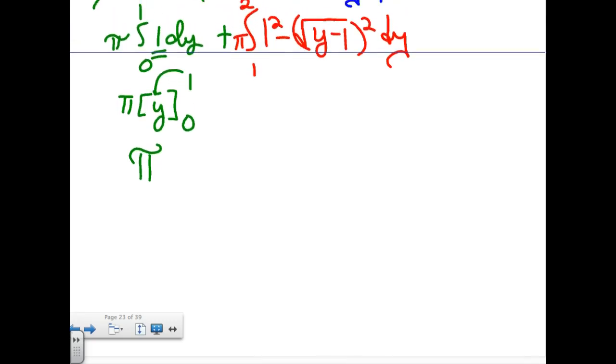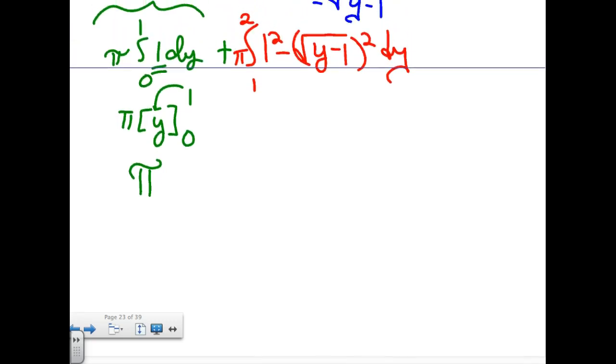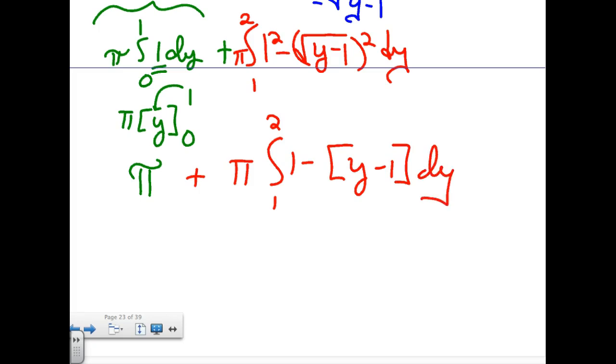So once I continue on here, I've got pi plus, and in red, pi times the integral from 1 to 2 of 1 minus beefy brackets, y minus 1 quantity squared, which is just y minus 1, with respect to y. So I'm going to just let this pi hang along and try not to forget about it at the end.